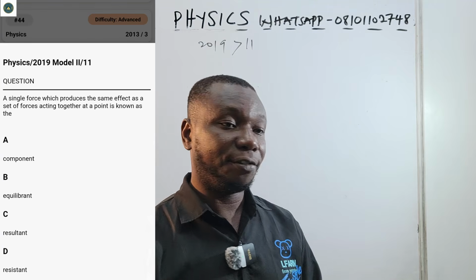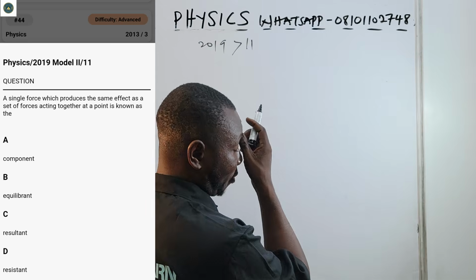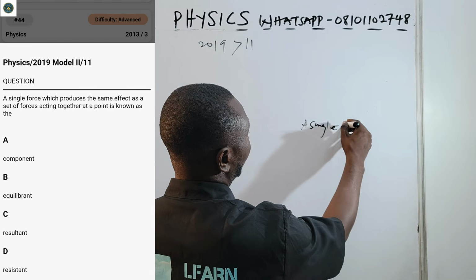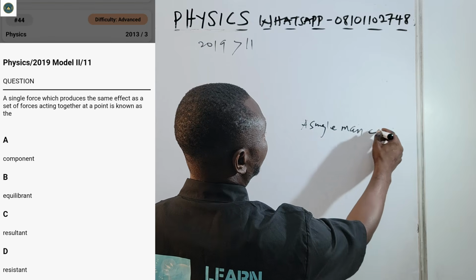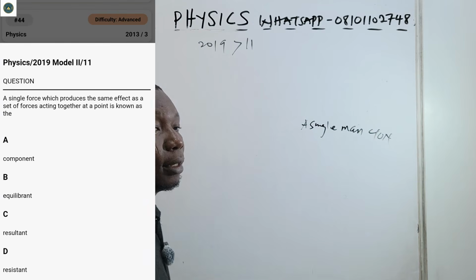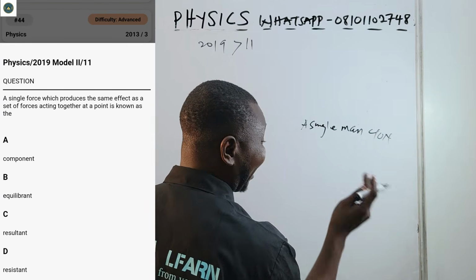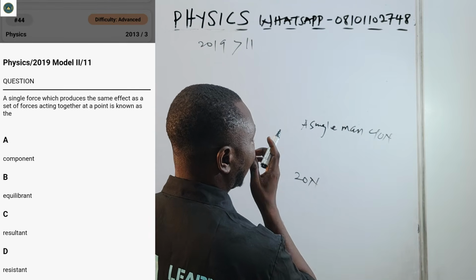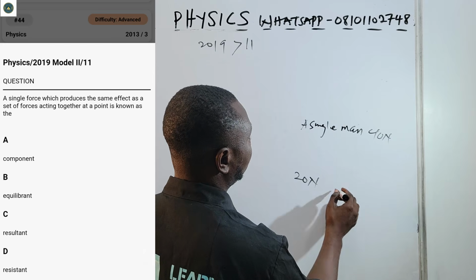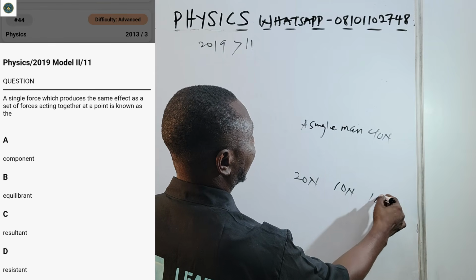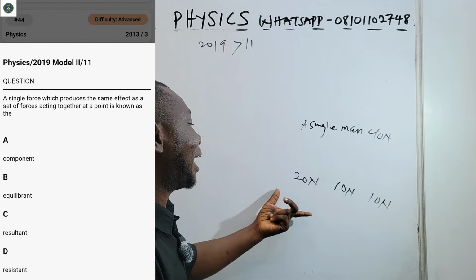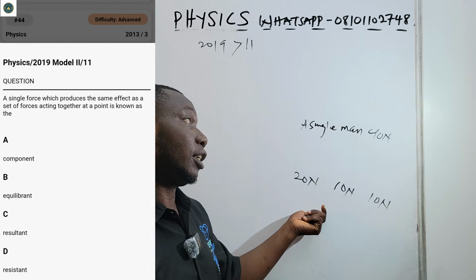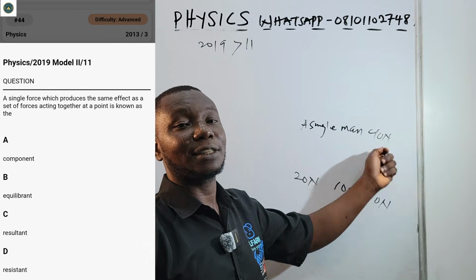Let me repeat what I said before. A single man has a force of, let's say, 14 Newton. Then we have 3 other persons having forces of 20 Newton, 10 Newton, and 10 Newton. The same task executed by these three persons can also be executed by this man that has 14 Newton.